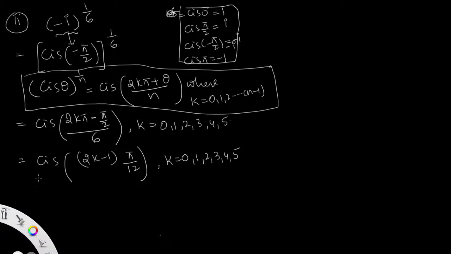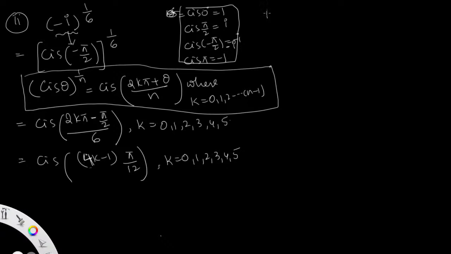This simplified form is cis of (4k − 1) into π/12, taking the LCM as 4, that is (4k − 1) into π/6 over 12, with k = 0, 1, 2, 3 and so on, giving 6 terms, from 0 ending with the 5th term.